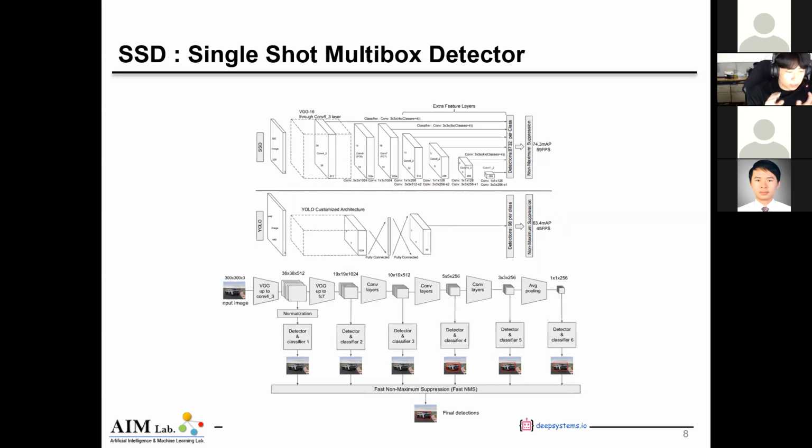Actually, you can also keep the resolution of the features from the previous layers, but most backbone networks reduce the size of the feature. It has much semantic information, but it loses location information, because it simply reduces the resolution of the image.